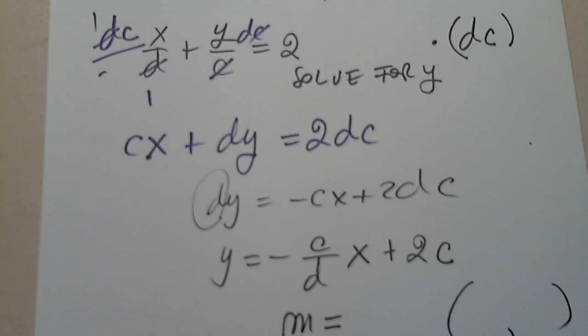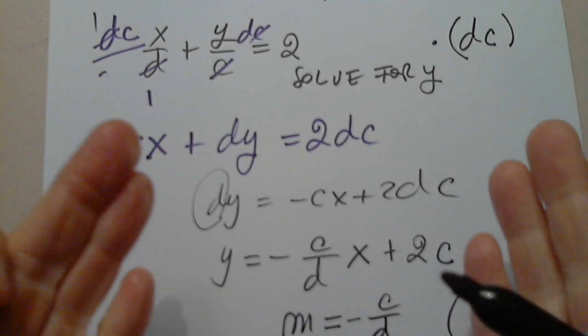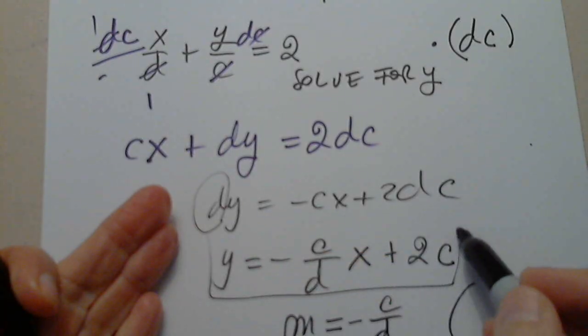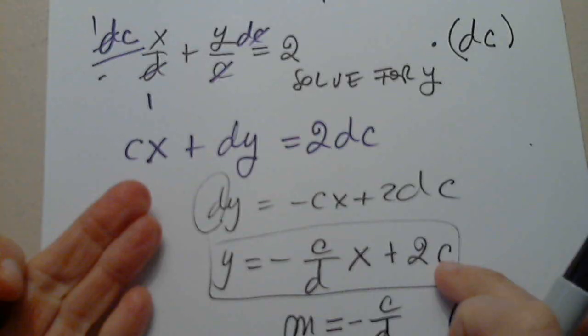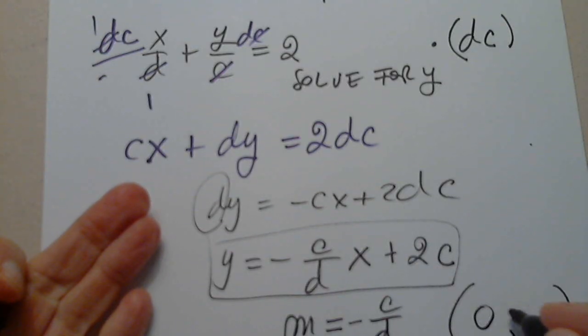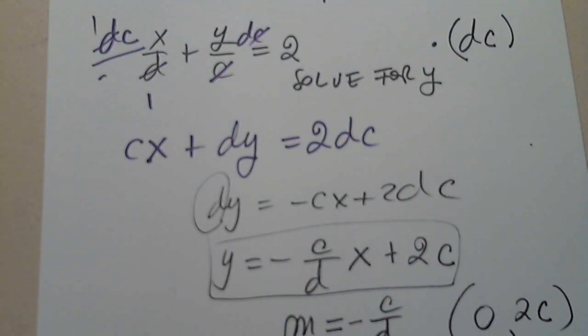Negative c over d. And now we can, because we have it in the correct format, y equals m times x plus b. So yes, this is 0 and 2c. Any questions? These problems look very easy, but they're really not if you don't spend the time and practice.